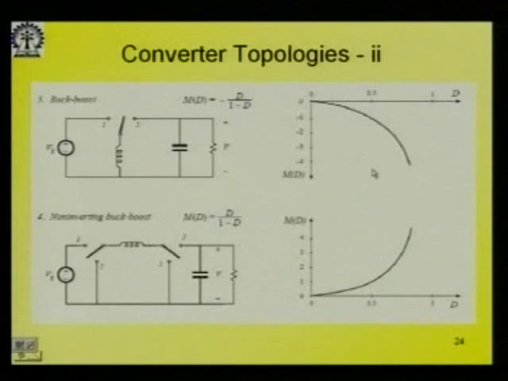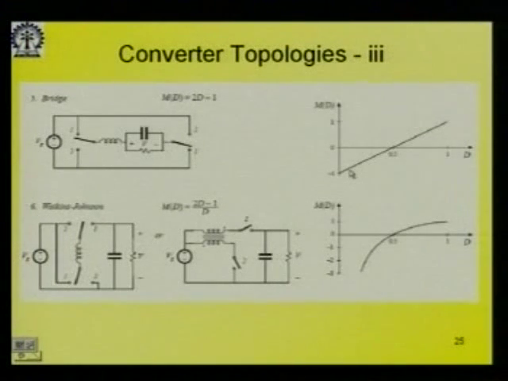And then there are 2 more topologies. One is called a bridge topology, which is centered in the middle, in the sense that at D equal to 0.5 you get no output, and you can get a bipolar output, both positive as well as negative. Similarly, another topology called Watkins-Johnson topology also can give you positive and negative outputs, but in a nonlinear relationship.